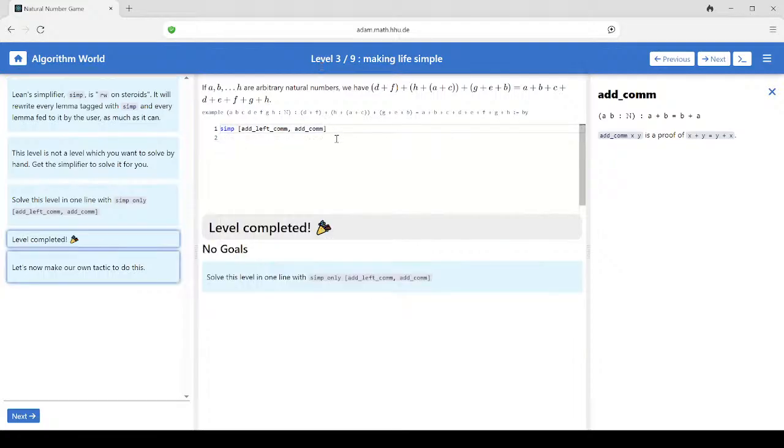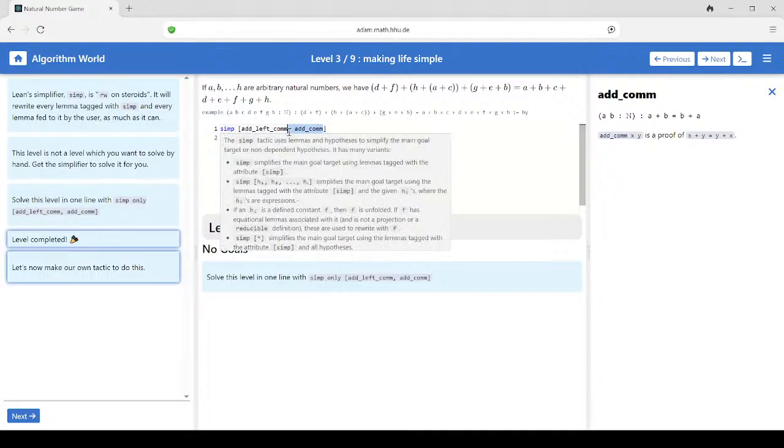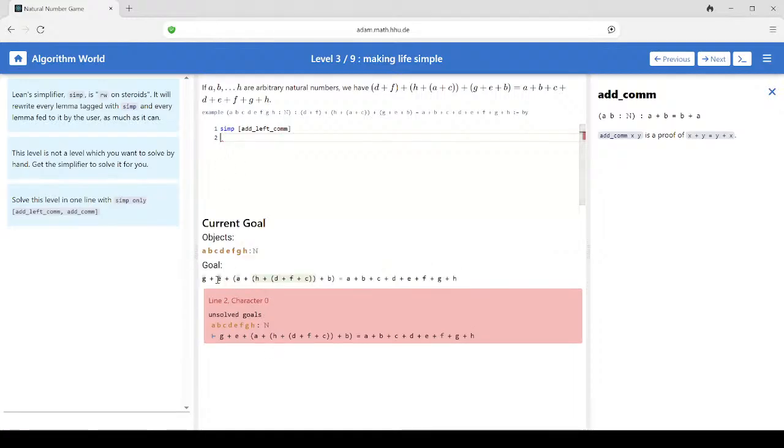And I still don't understand why it completed. Why it didn't just make both sides match, and then I could use RFL. I don't understand why it was able to finish without me using RFL.